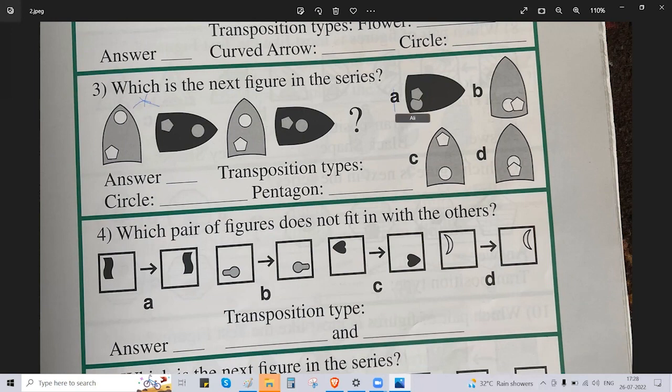So then we can check out the circles. When you put it this way, like if you rotate it this way, then the circle ends a little bit up to this side and this also ends a little bit up here. So let's see.